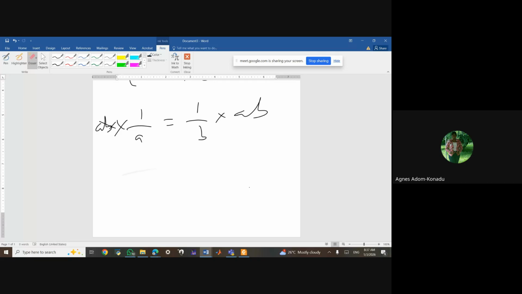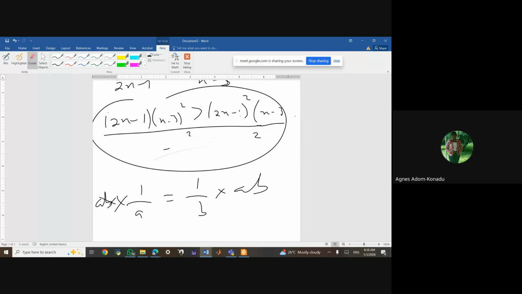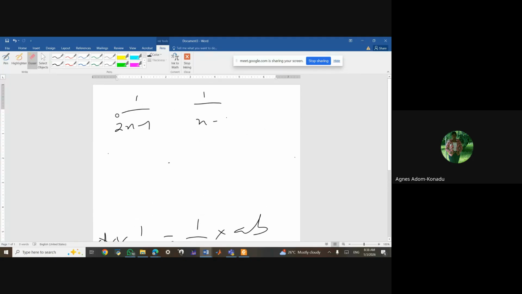So instead of going through this stress, I decide to multiply through by the LCM to help me reduce my workload, because this one I have to simplify again, take my time to do everything. So multiplying through by that will help, and especially because of the sign, the best way to go about this is to multiply both sides by the LCM.